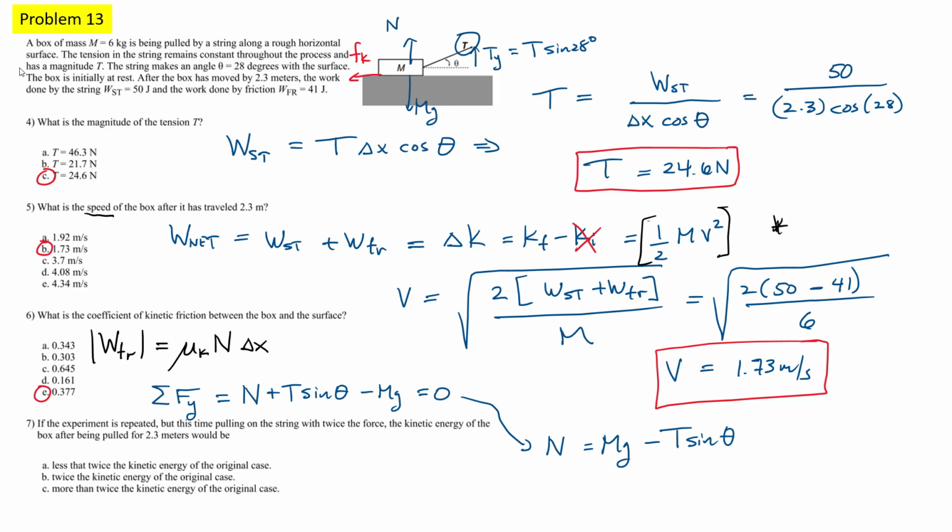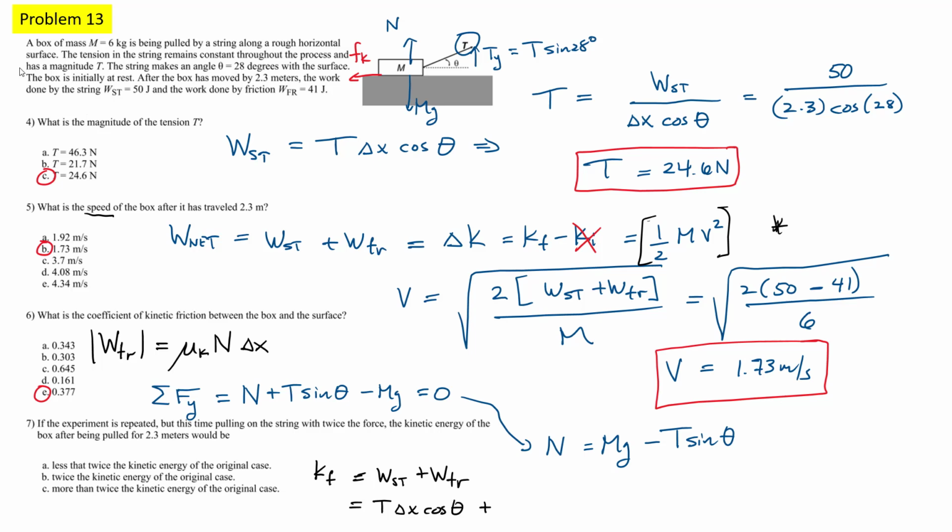Good. So we see that that final kinetic energy, Kf, is equal to what? It's the work done by the string, plus the work done by the friction. Well, the work done by the string is T delta x, cosine of that angle.